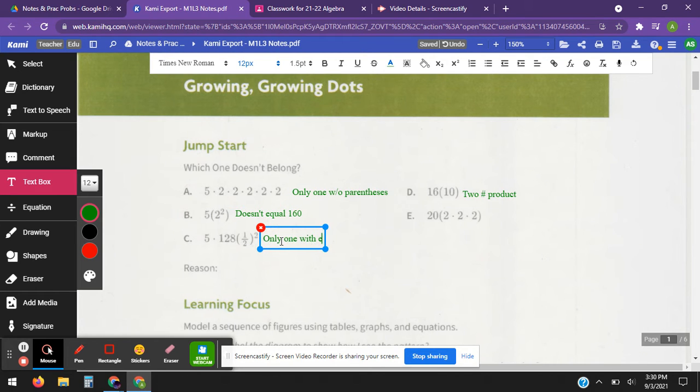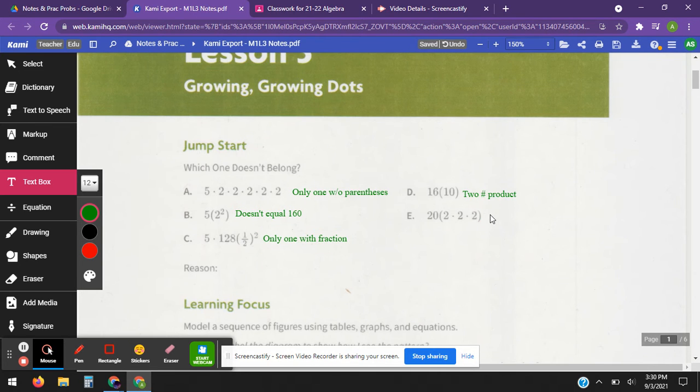One with exponents and actually the one with fractions, right? Fractions. This is kind of the only one that's a little bit different.